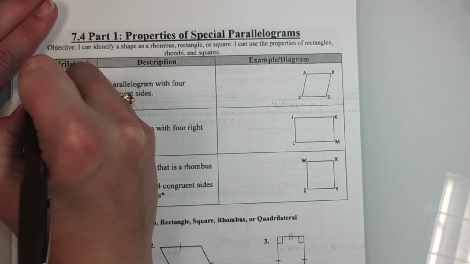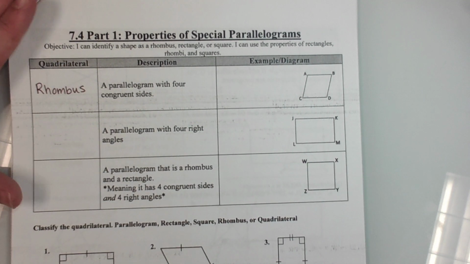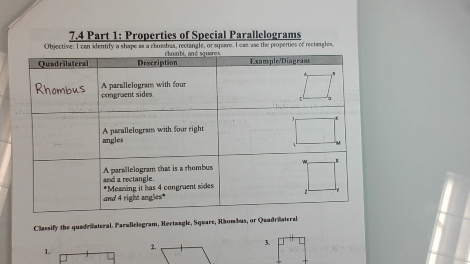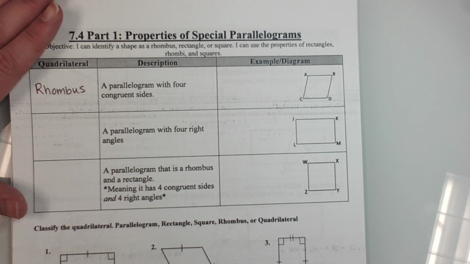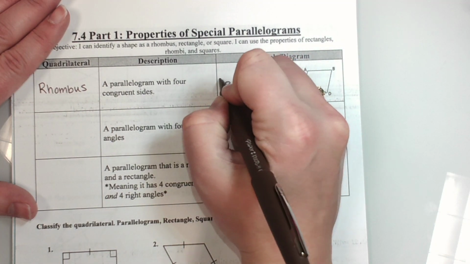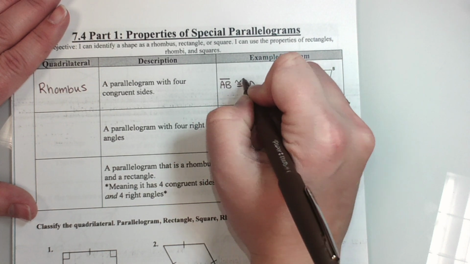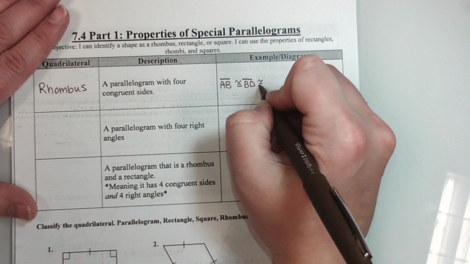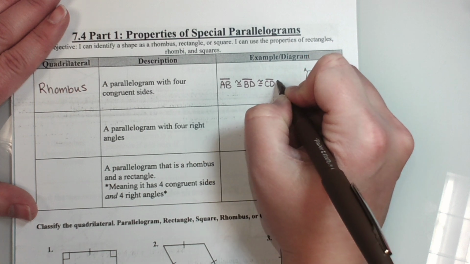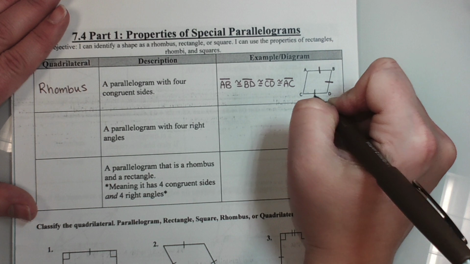Parallelogram with 4 congruent sides is a rhombus. Parallelogram ABDC is a rhombus if AB is congruent to BD is congruent to CD is congruent to AC. All 4 of these are congruent.